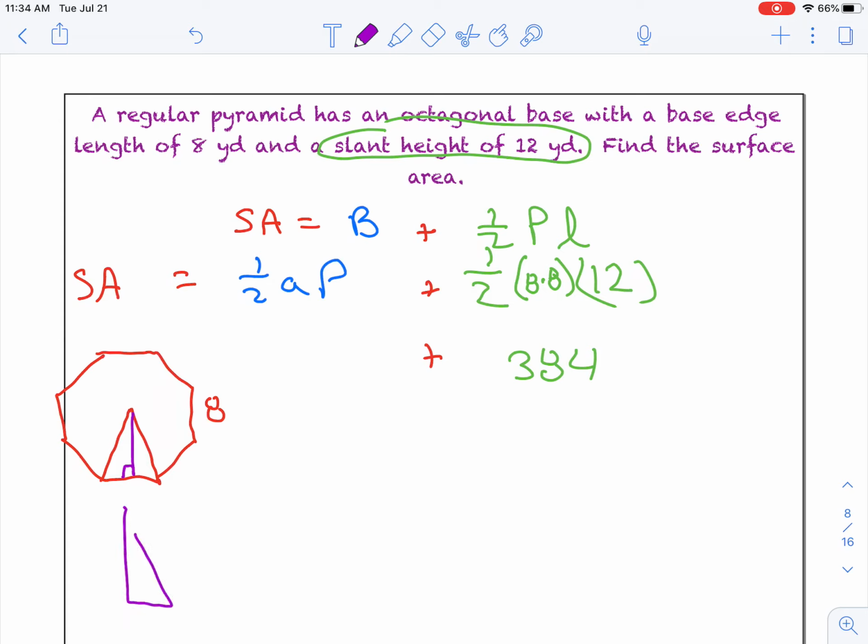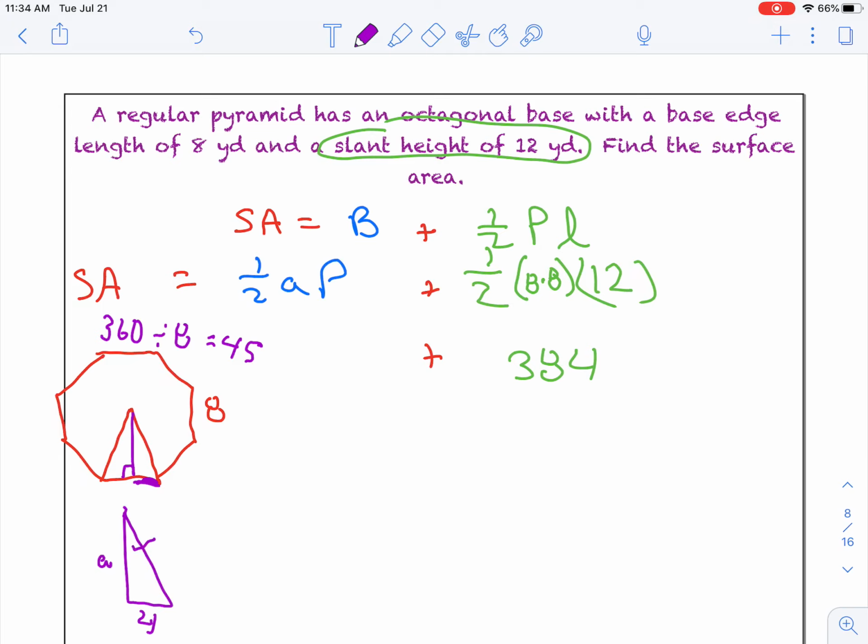So if I redraw this out here, I have this piece of it is 4, and I am trying to find this. Now, if I take 360 and I divide it by 8, that gives me 45 degrees for the whole angle.